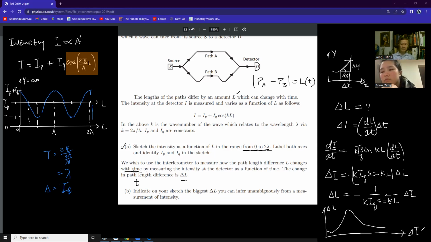This question is unclear. L is time dependent, so we found the first derivative, and we found it depends on the change in intensity. We can argue that the intensity change is within this range, and this is the maximum the intensity can change. So the maximum intensity change is just 2 I_Q, isn't it?